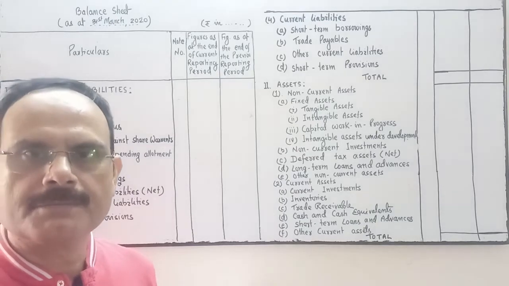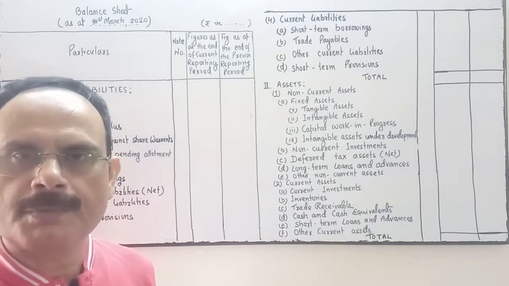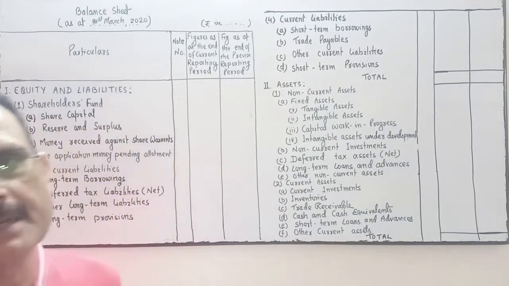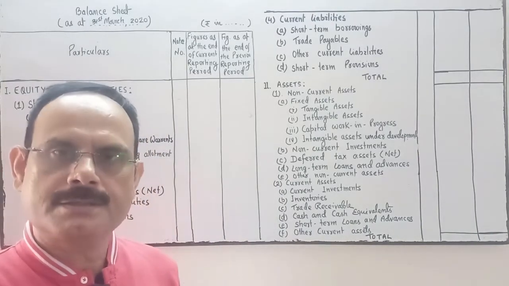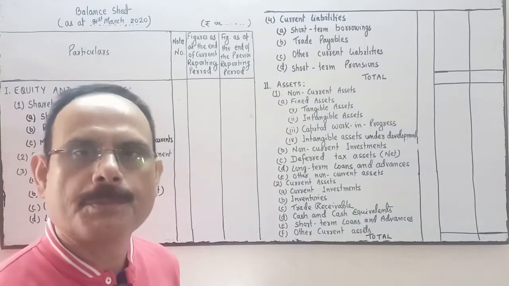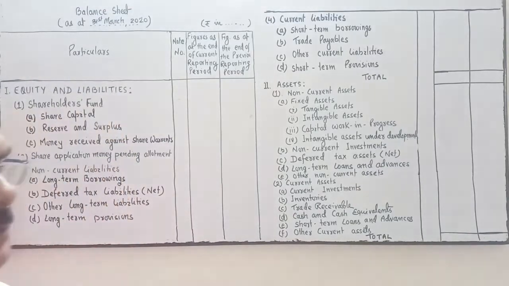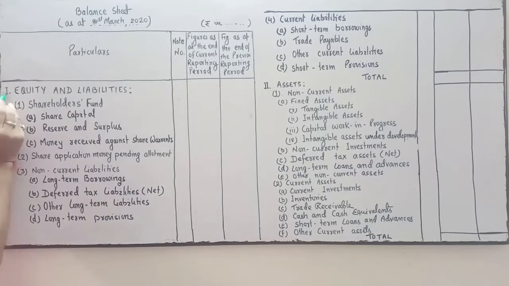In a partnership firm, the balance sheet is prepared in the horizontal format, which we have discussed and just completed. The left-hand side is your liabilities and the right-hand side of the format is your assets, but here the company prepares the balance sheet in a vertical form. So in the vertical form, start with equity and liability. Number 1 will be equity and liability.